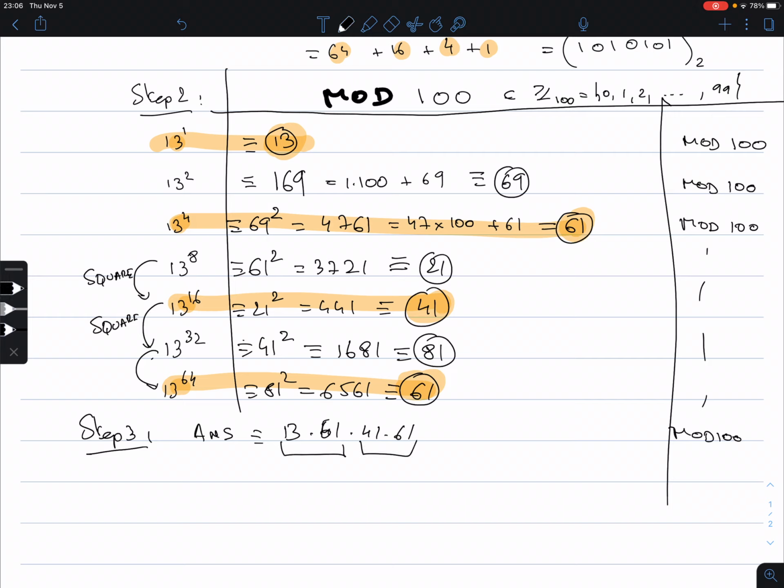What is 13 times 61? That is 793. What is that modulo 100? The last 2 digits, 93. Okay, what is 41 times 61? That is 2,501. So this is just 1, the last 2 digits.